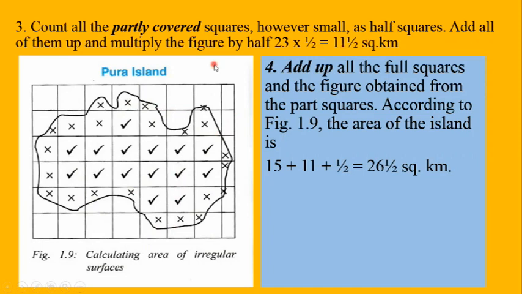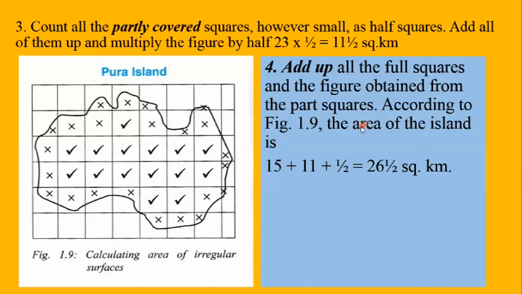Now, after doing that, step 4. Add up all the full squares and the figure obtained from the part squares, according to this figure 1.9, which is about calculating area of irregular surfaces.